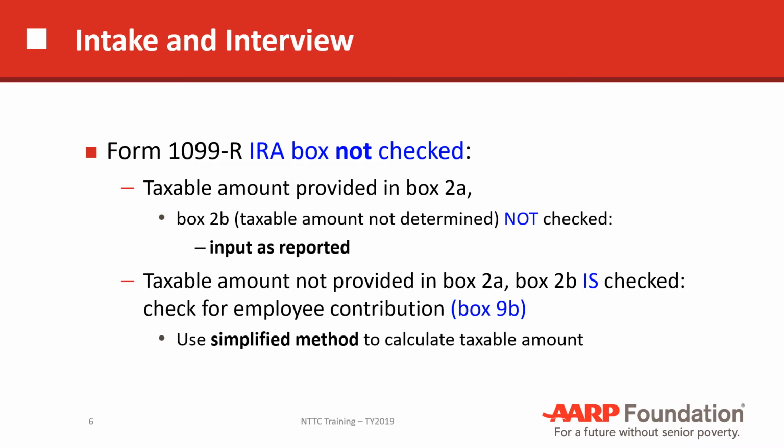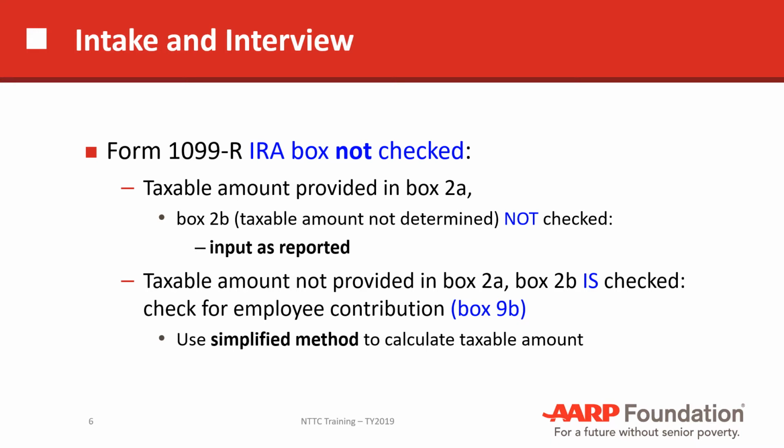So if you see a check mark in that box, you can rest assured that the taxable amount has not been determined, or the payer is not accepting responsibility for the amount that's in box 2A. So in that case, if the box is not checked and you do see an amount in 2A, you can input that pretty much as you would a W-2. You just take the information that's on there, input it into TaxSlayer, and you're finished.